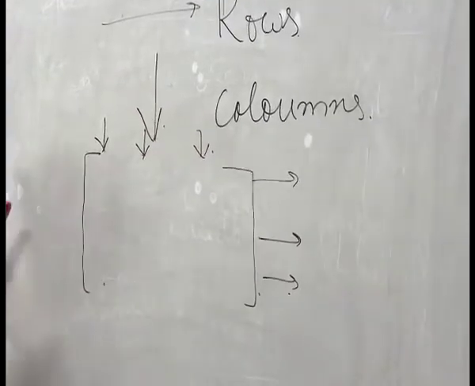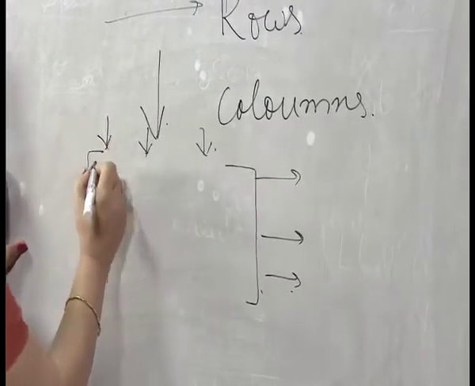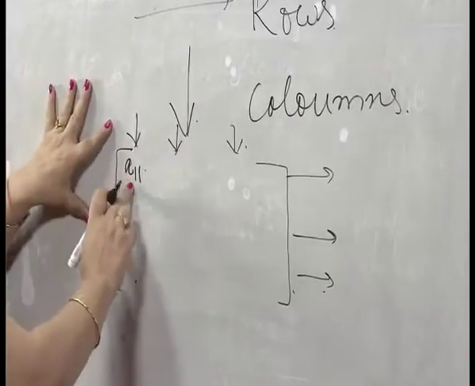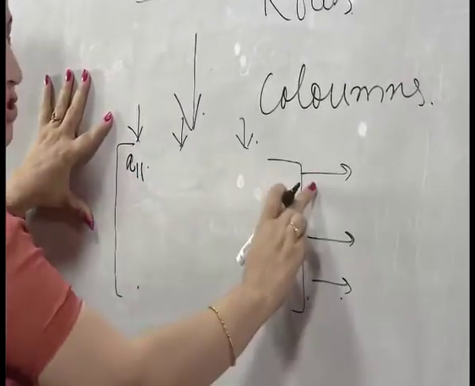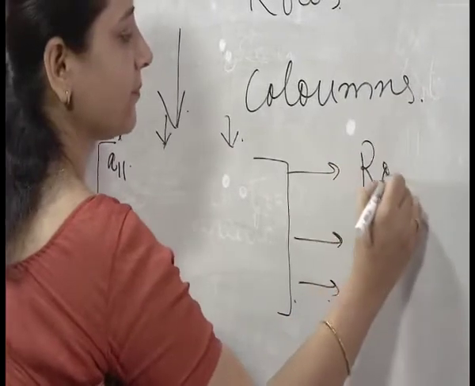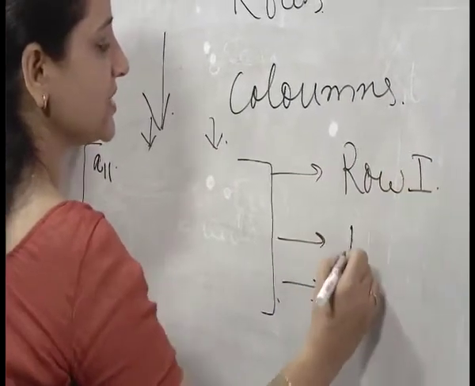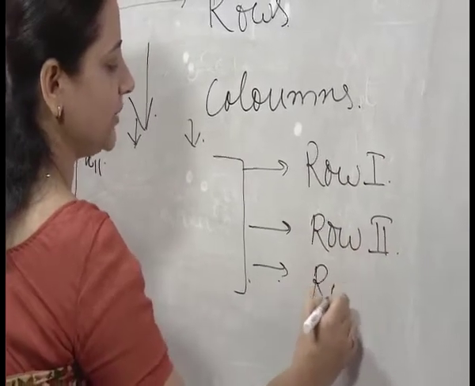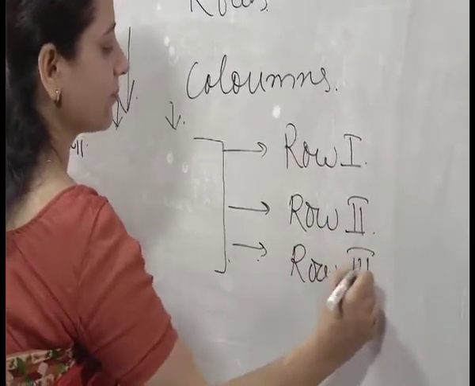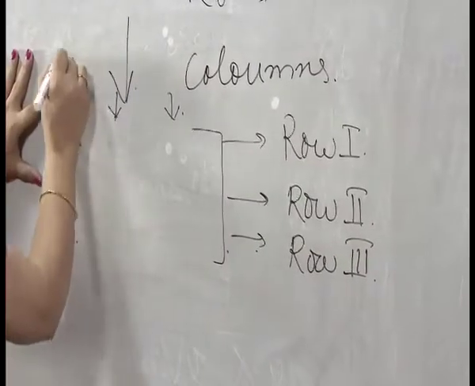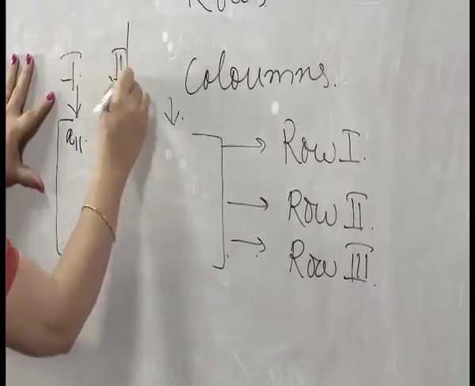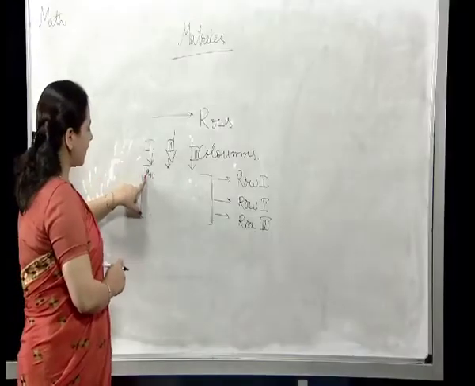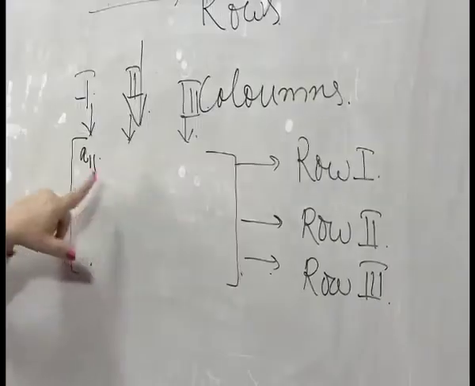Okay. So when we write the elements, if I write the element here, in which row does it lie? This is row 1, this is row 2 and this is row 3. Similarly, this is the first column, second column and third column. I will write the element here as A11.